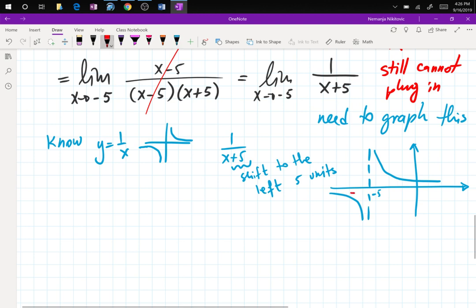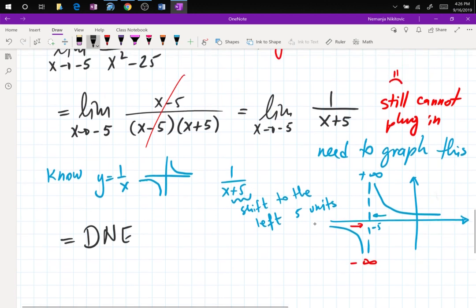So, left is going to give you negative infinity, right is going to give you positive infinity, and finally you can claim that limit does not exist in this case because the limits did not agree to go the same way.